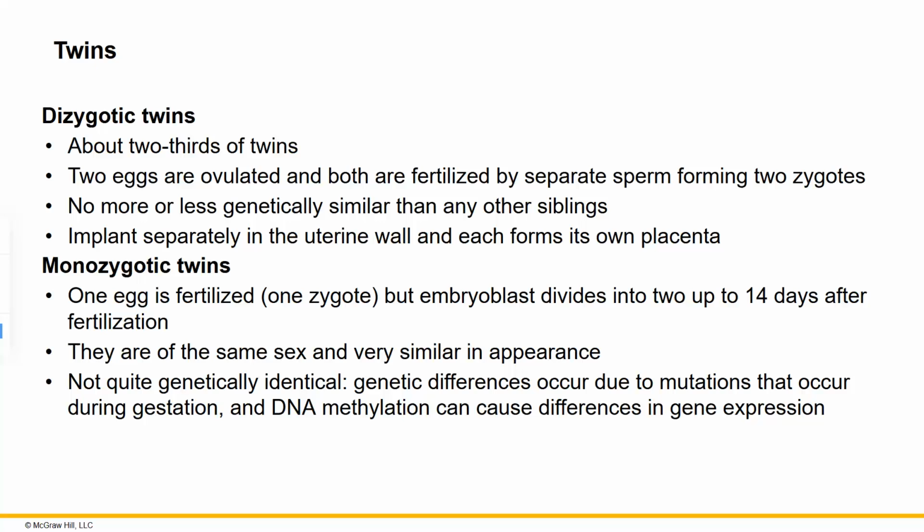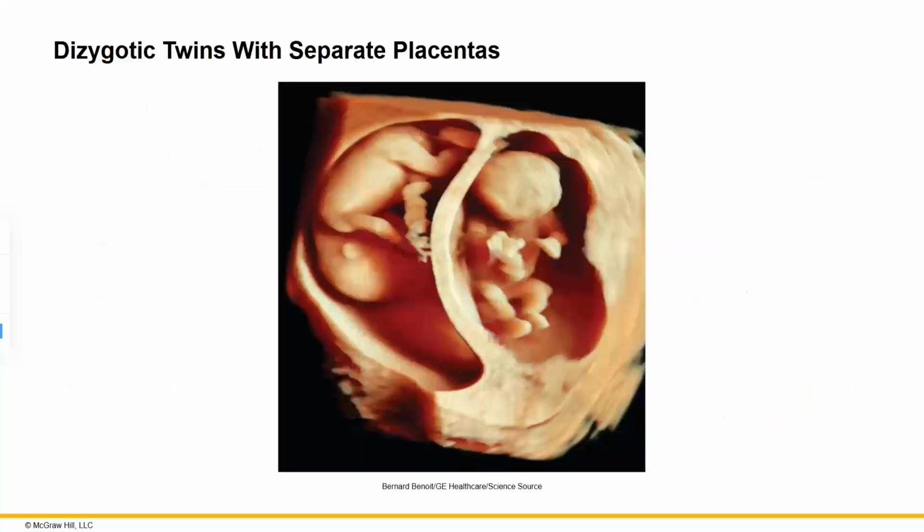Monozygotic twins, 1 egg is fertilized, 1 zygote, but the embryoblast divides into 2 up to 14 days after fertilization. They are of the same sex and very similar in appearance, but they're not quite genetically identical. There are some genetic differences that occur due to mutations during gestation and DNA methylation that can cause differences in gene expression. So this shows dizygotic twins with 2 separate placentas.